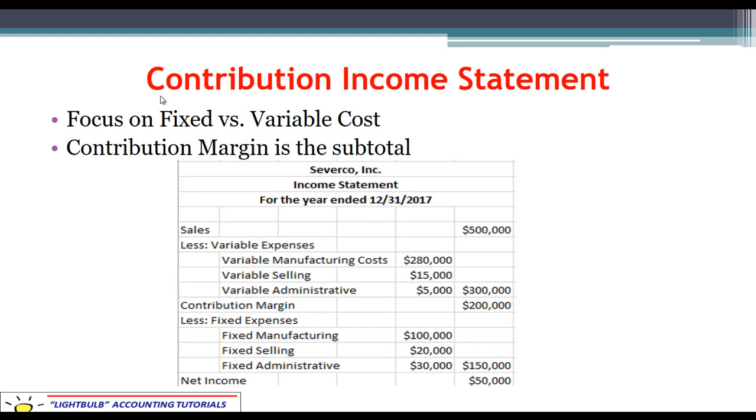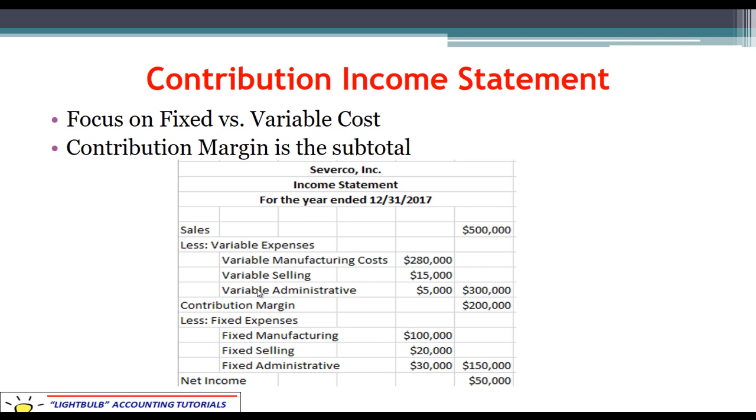So now let's move over to the contribution margin income statement, or the contribution income statement. The focus here is now on fixed versus variable cost, regardless whether it's product or period. Notice we start off with sales, and now we subtract out all of our variable costs, both variable product costs as well as variable selling and administrative.